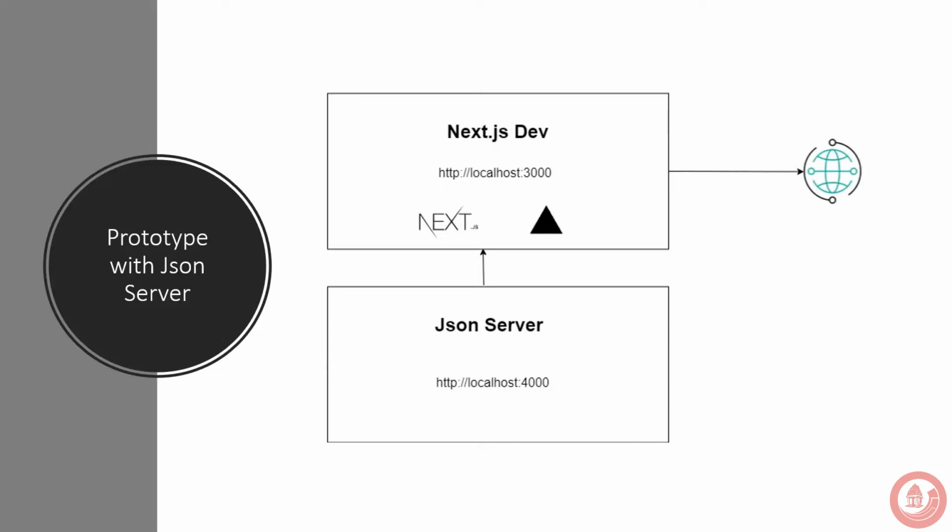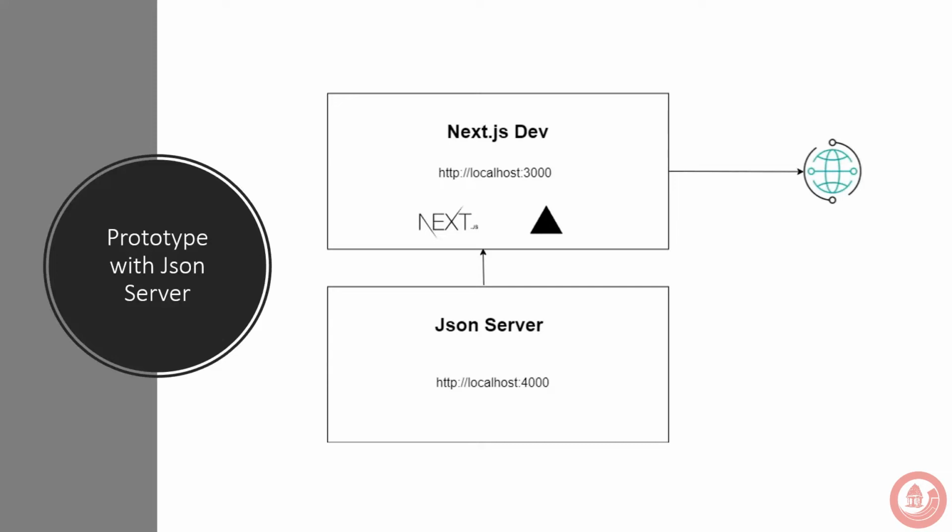If you are not aware of JSON server, it's an NPM package. You can create a JSON file, and then you can run the JSON server, and it will nicely build the APIs for you, and you can use that API in your application.